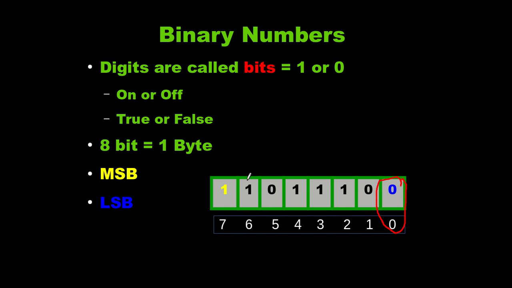But think of it, most significant bit, the bit with the most significant value, and we'll see why it has the most significant value. Binary, base 2. Base 2 meaning it takes two values, 1 and 0. This is base 2.